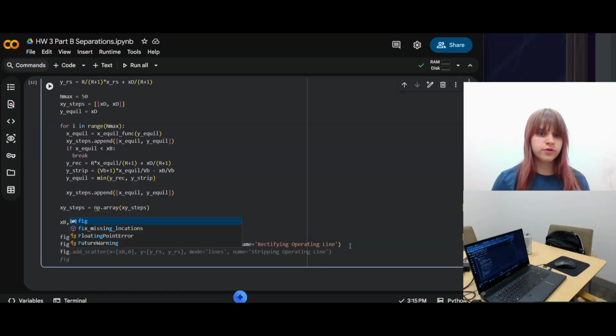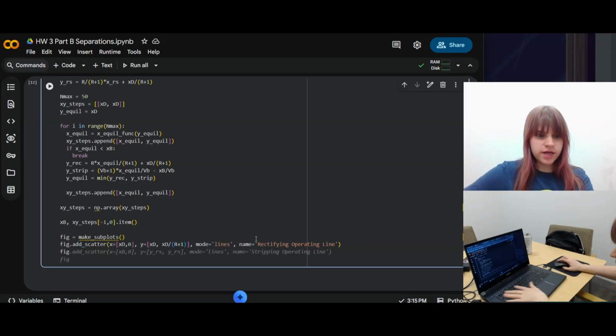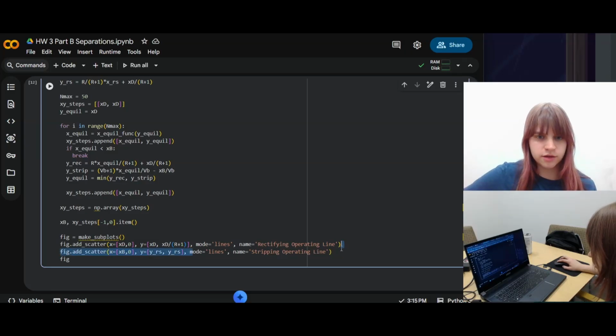And then we're also going to add a scatter for the stripping operating line. Some of this is right, so I'm going to take that. Basically, I just took that because it had the mode and name that I wanted, but this is not correct.